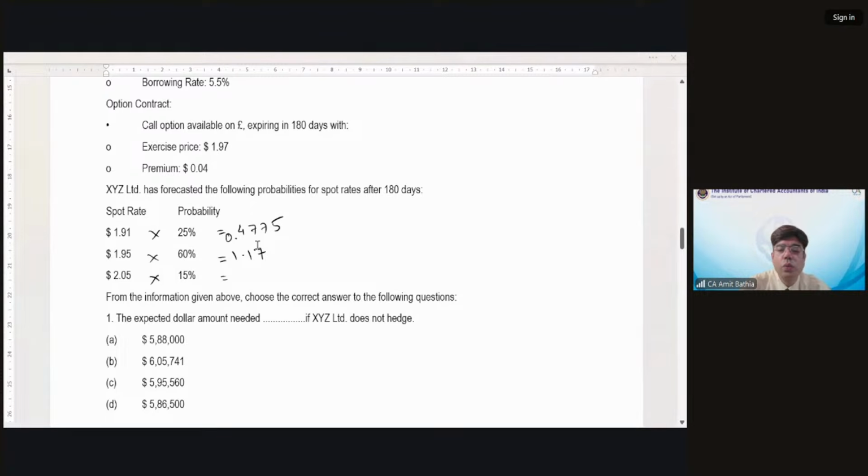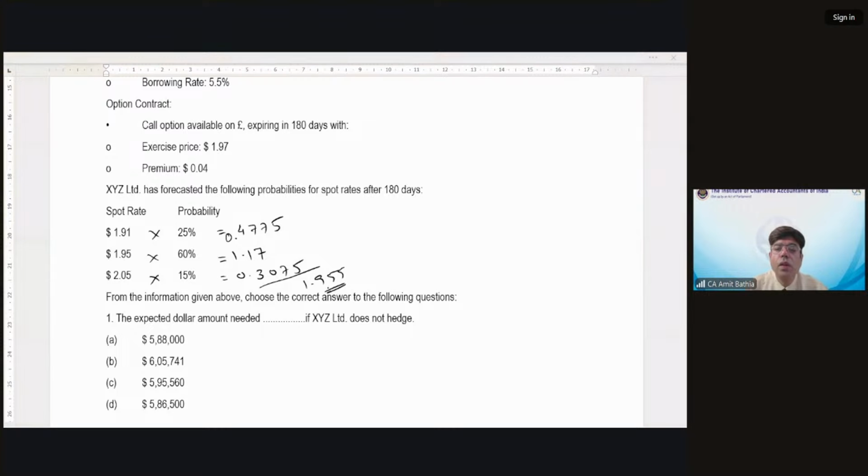And last one is 2.05 into 0.15. So that comes to 0.3075. Total is 1.955.